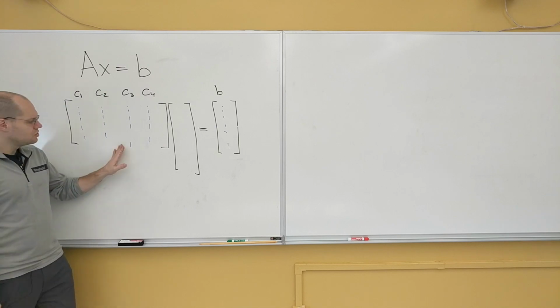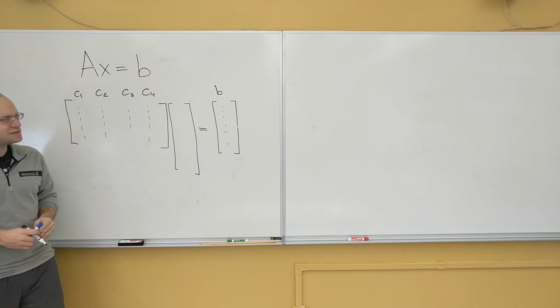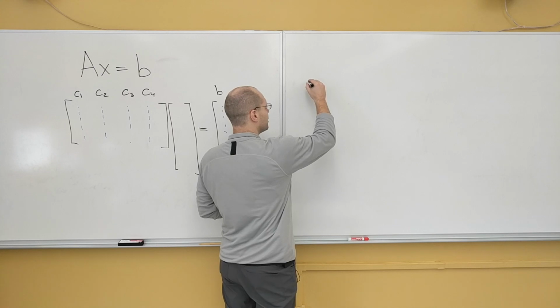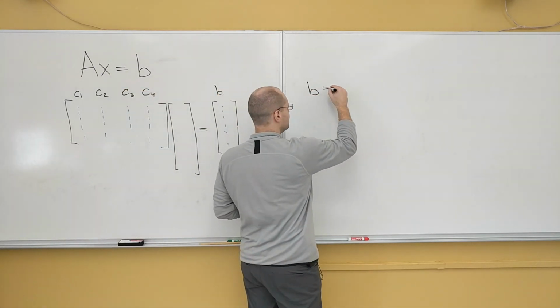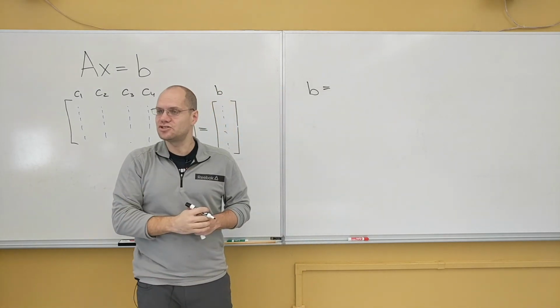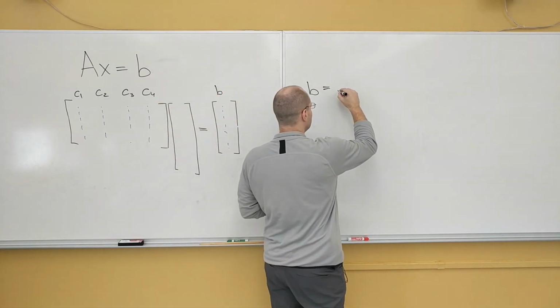And as you know, solving this system of equations is equivalent to expressing b as a linear combination of c1, c2, c3, and c4. And I would write it like this.